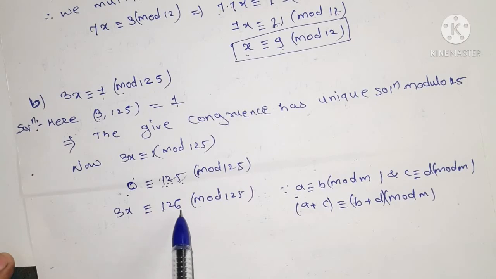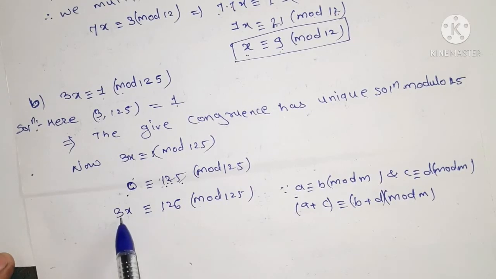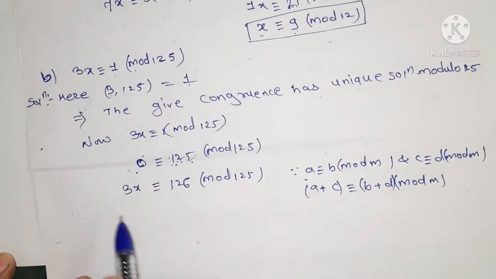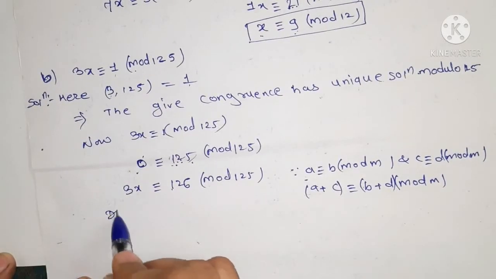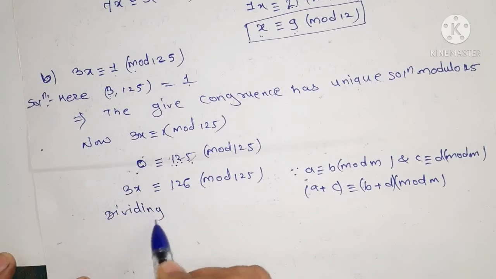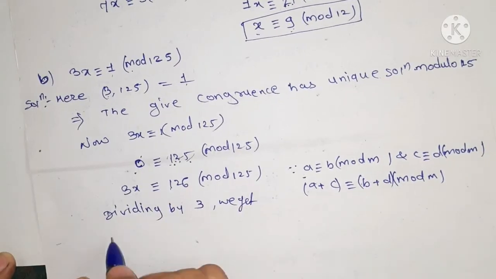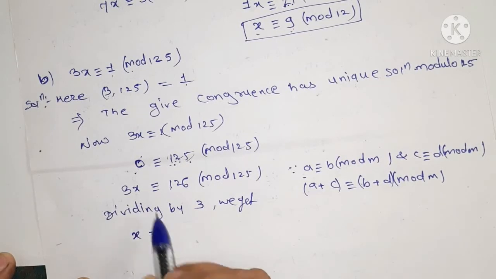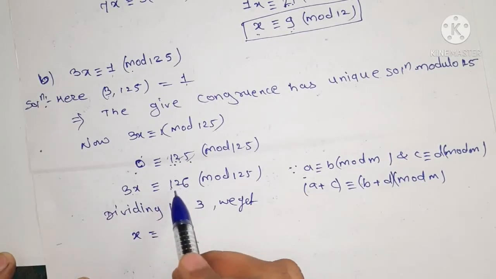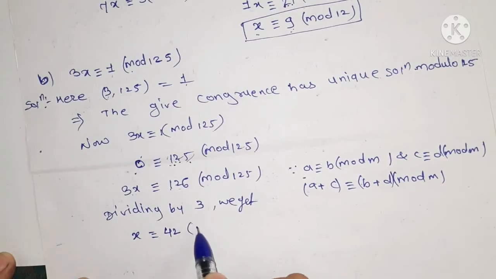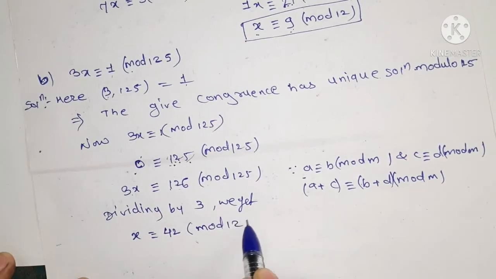So this number is divisible by 3, and therefore we can divide this equation by 3. Dividing by 3, we get x is congruent to 126 divided by 3, which is 42, under modulo 125.